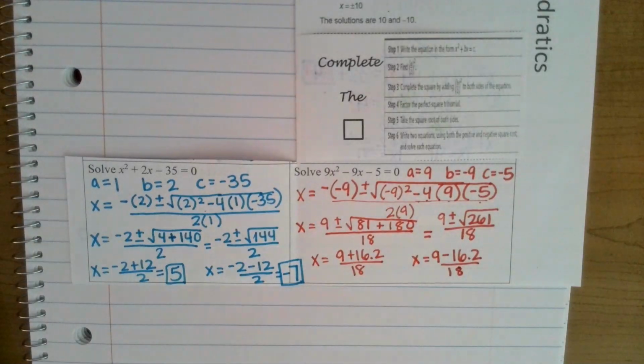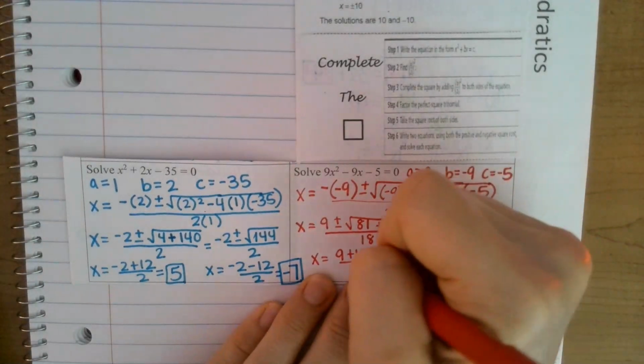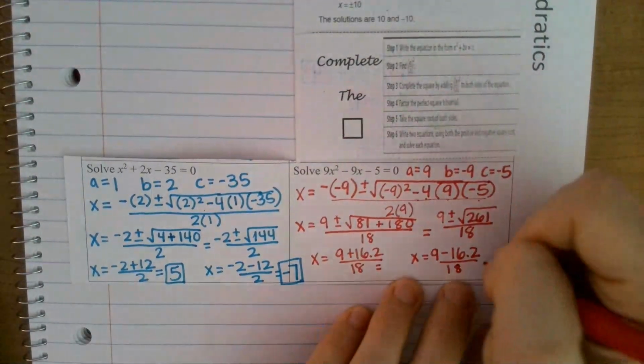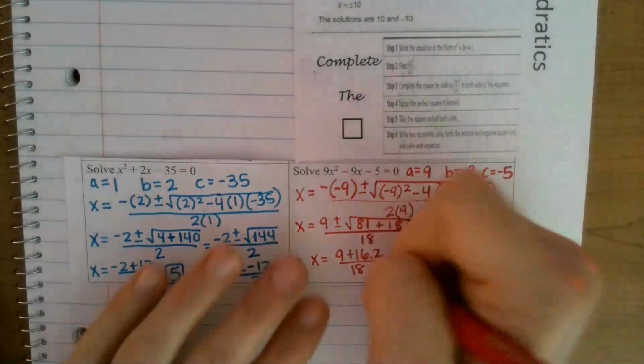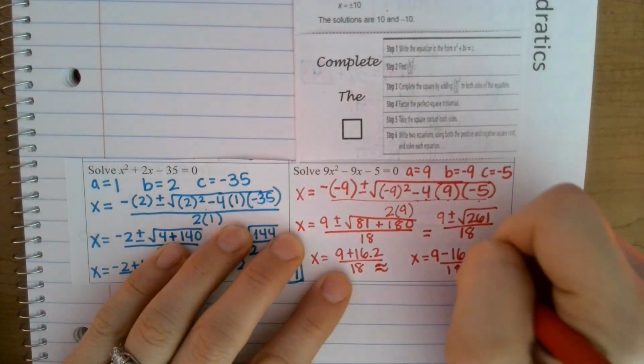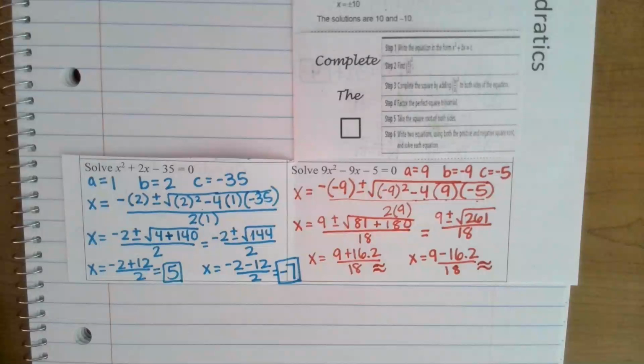All right, then solve those in your calculator. Oh yeah, and since we're rounding, we'll use the little tildes for approximately equal to.